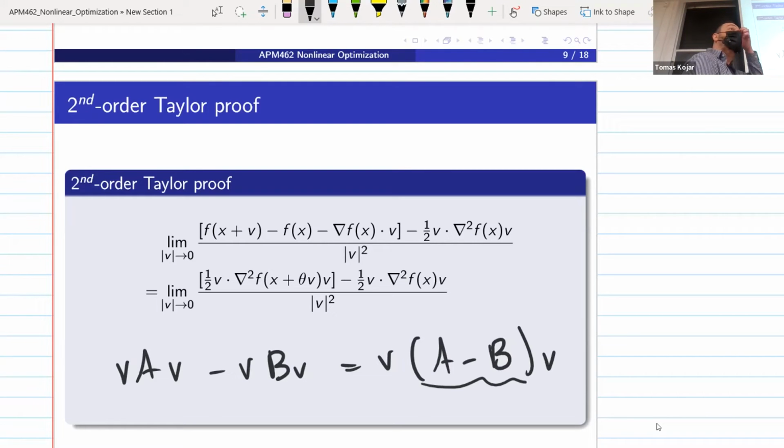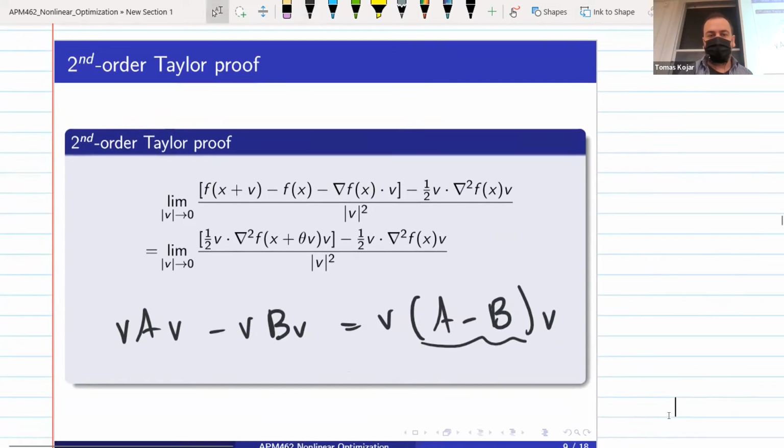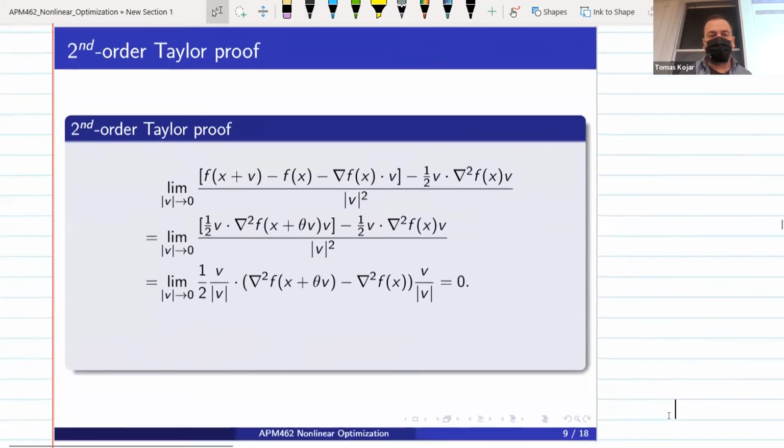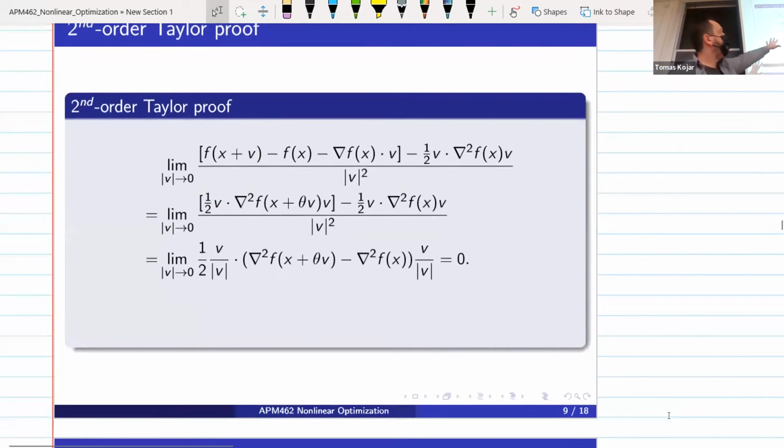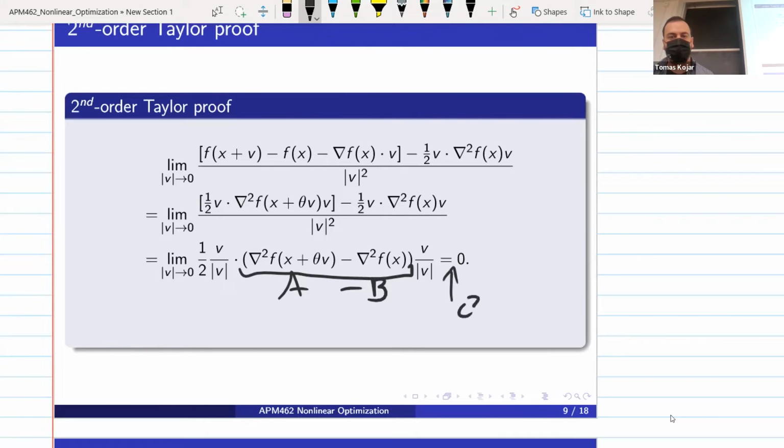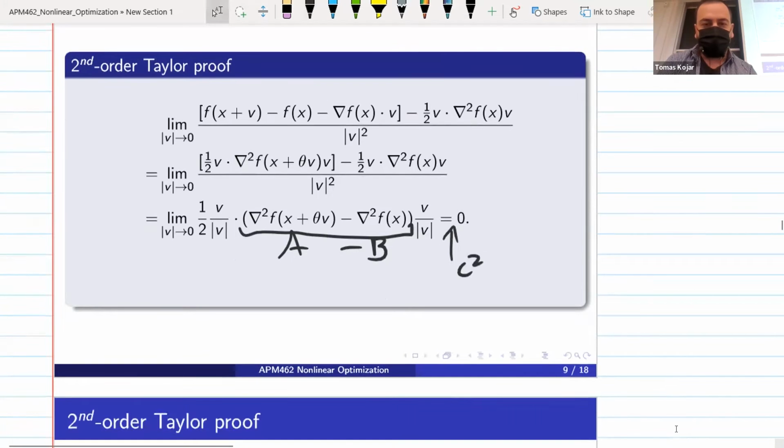Okay, good. So we do this trick, and we write this like this. So this is my A minus B. And how do I get 0? Yeah, C2. Good. That's it. Questions?